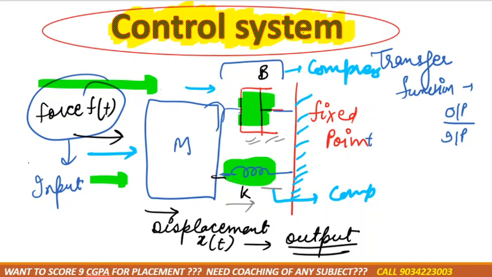Now the step number 3, the next step is to draw the direction of the internal reaction in all the components. Therefore we need to mark the direction, okay, correct? So if I mark the direction over here, then one is like this, and this one is like this, correct?